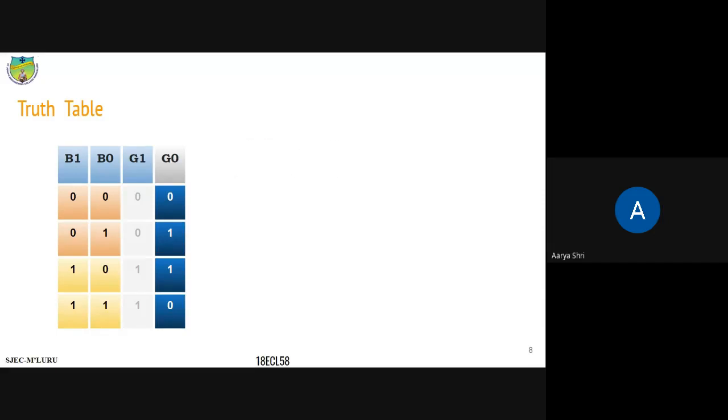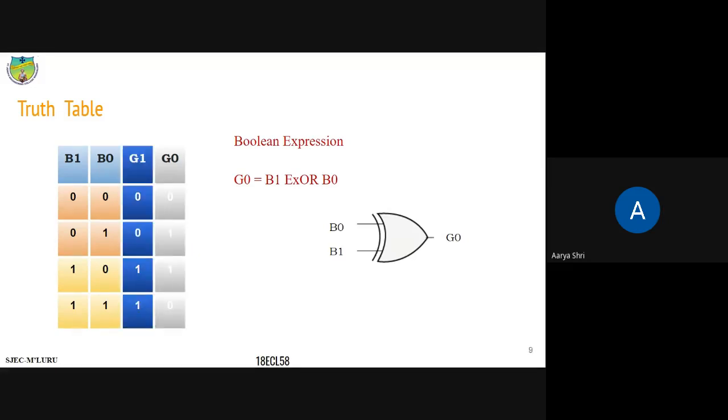Now, this G0 is obtained by taking the XOR of B1 and B0. That is, G0 is equal to B1 XOR B0. You can represent it by using an XOR gate. Then we have the next bit, G1, and G1 will be exactly equal to B1, and it will be independent of B0.